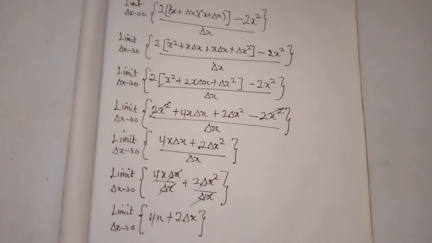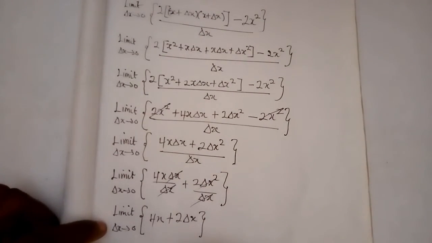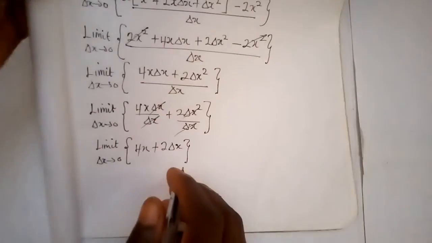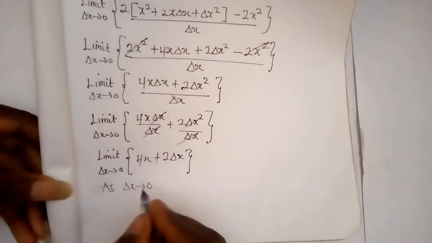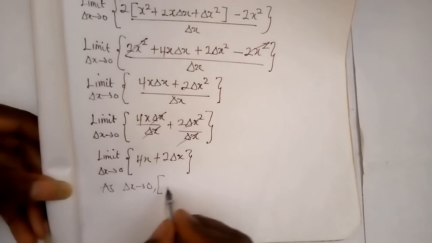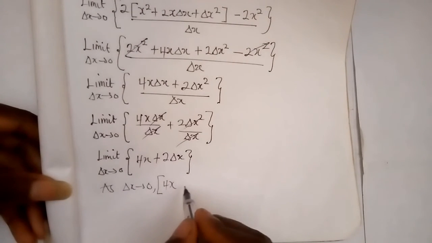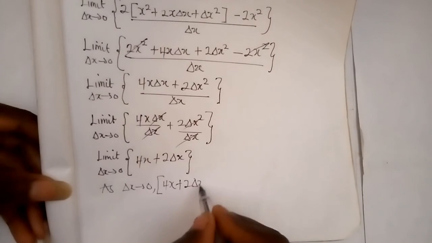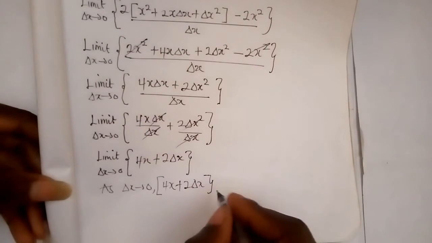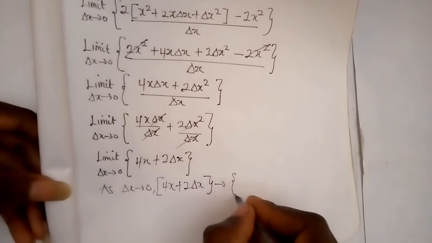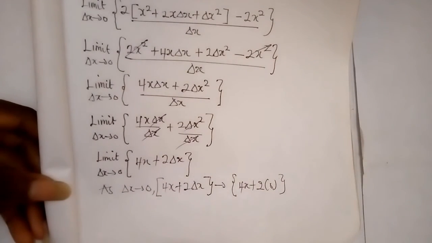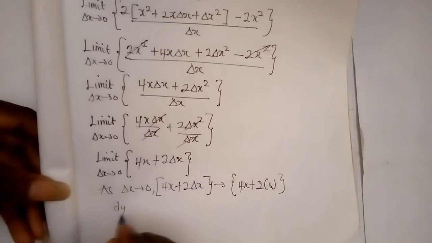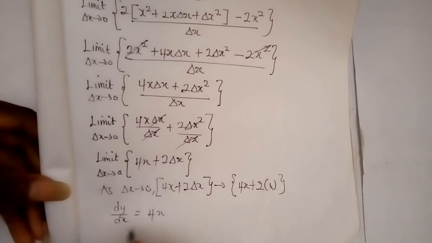Okay, and you should know that at this point, as change of x approaches 0, our term, which is 4x plus 2 change of x, now becomes 4x plus 2 multiplying 0, and then 2 multiplying 0 gives us 0. So finally our dy/dx is equal to 4x, like this.